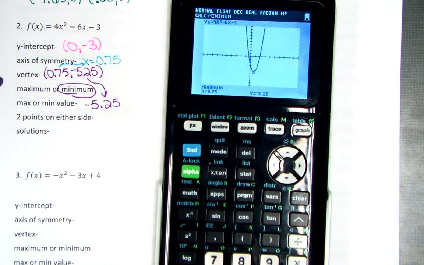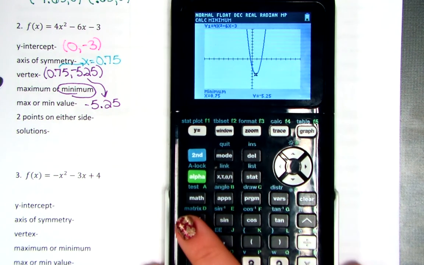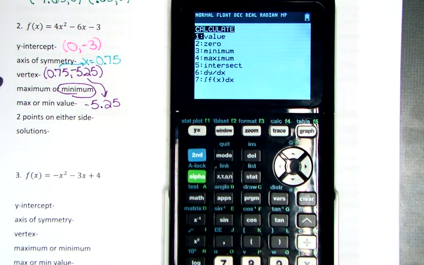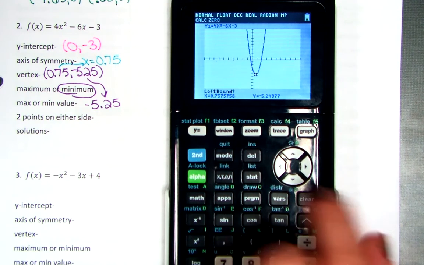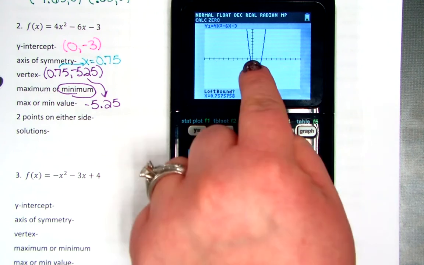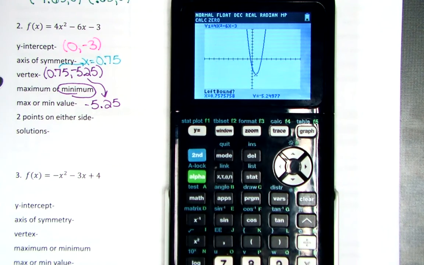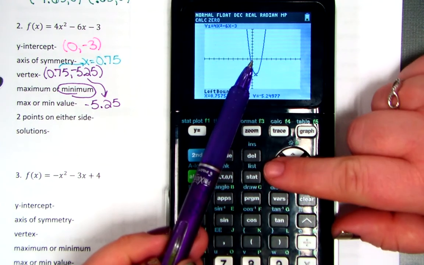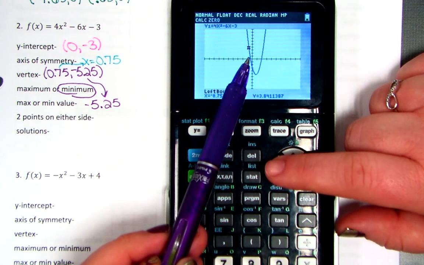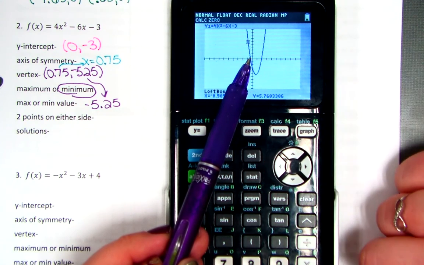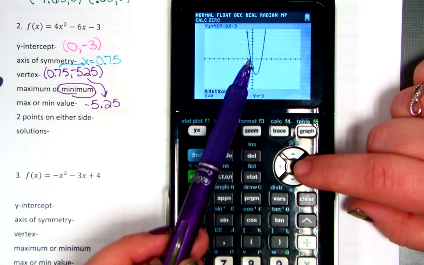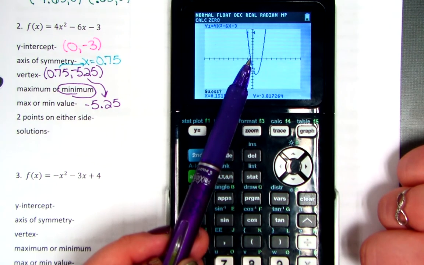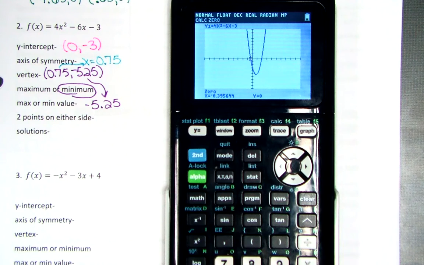Next step would be to find the solutions. So we'll press second calc and go down to zero. One solution is right here. So I'm going to move my cursor to be on the left side of that point and press enter. I'll move my cursor to be on the right side of that point and press enter. They're pointing at each other and I have the zero in between them.